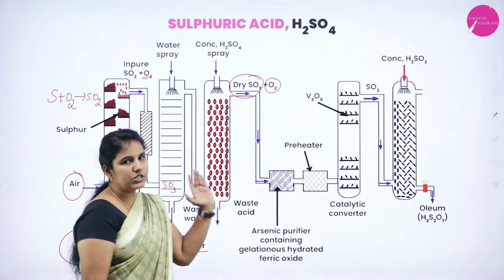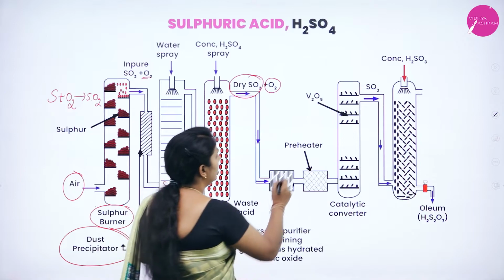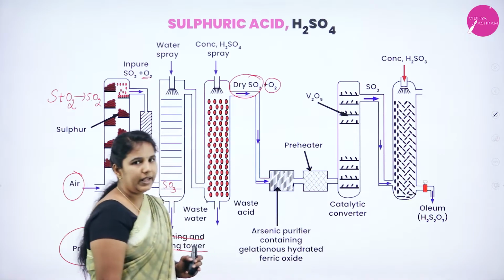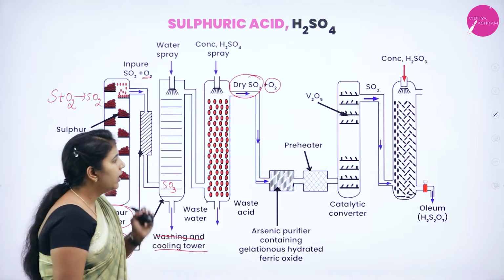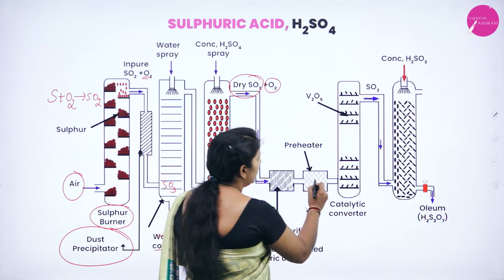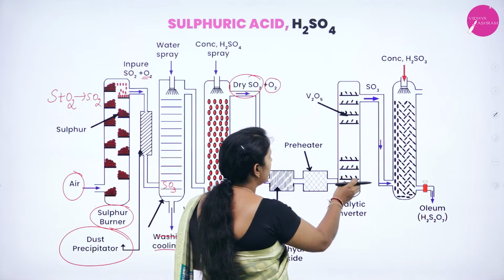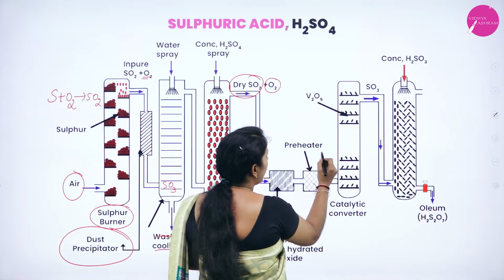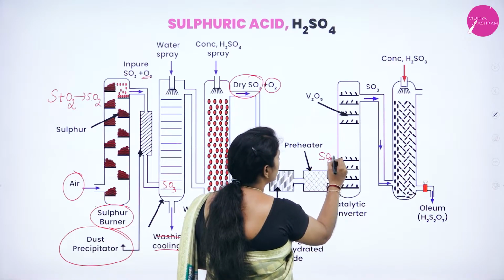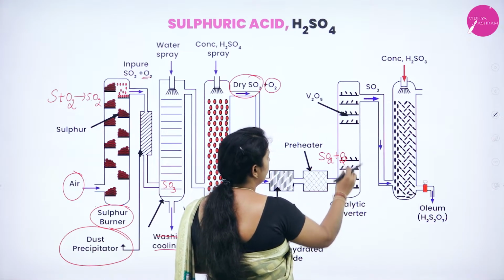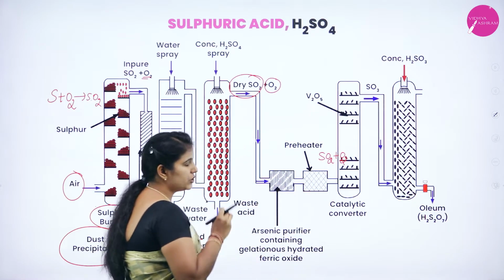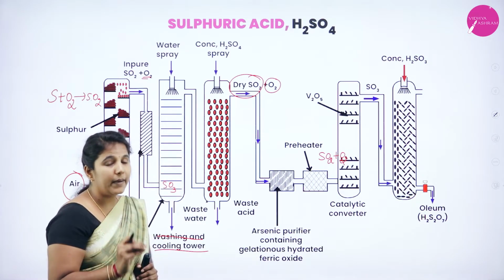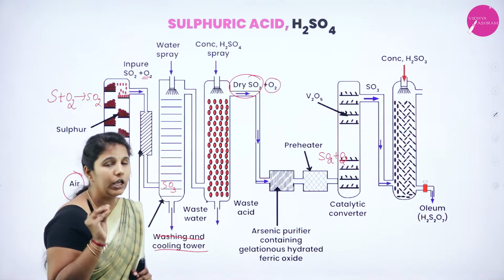Finally, it has to be preheated and it is passed through the preheater chamber. After preheating, the dry sulfur dioxide with oxygen will be passed to the catalytic chamber where the vanadium pentoxide is used.